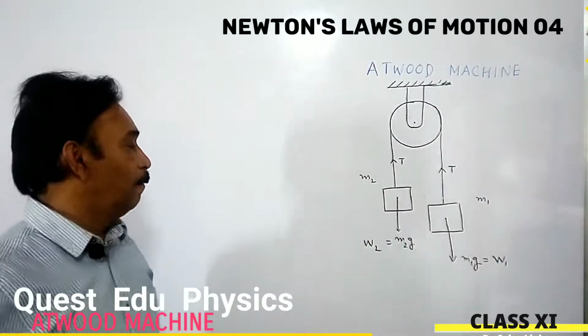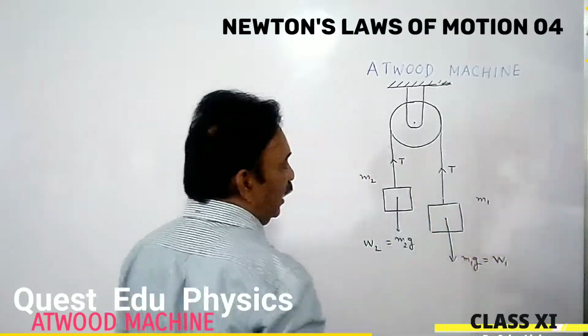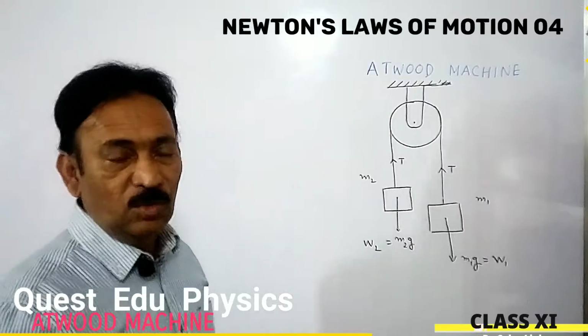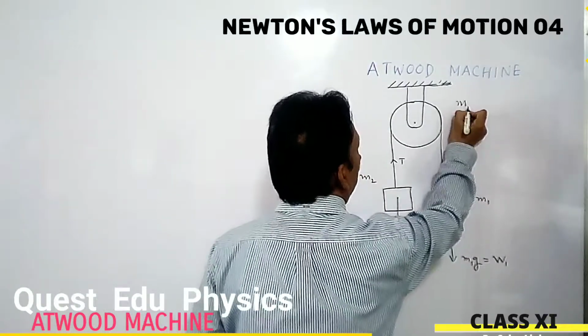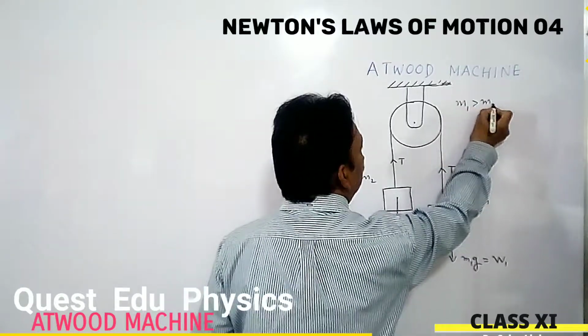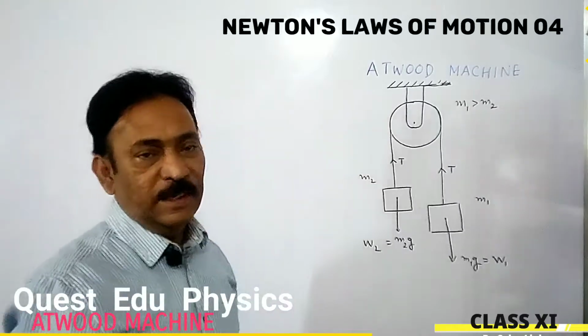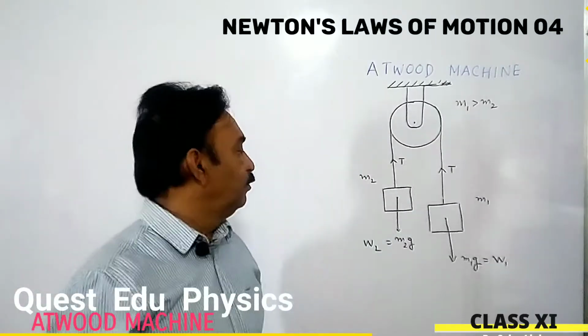Okay. Here, acceleration due to gravity is acting vertically downwards, you know that. Here, say the mass of the first block is greater than the mass of the second block. Okay, what does it mean?